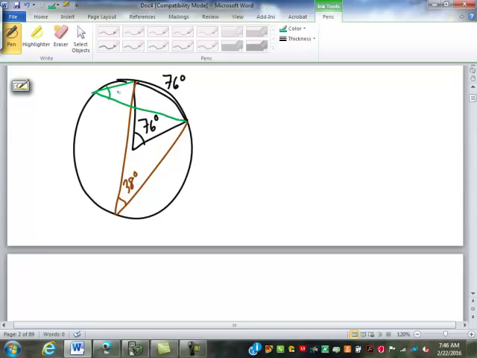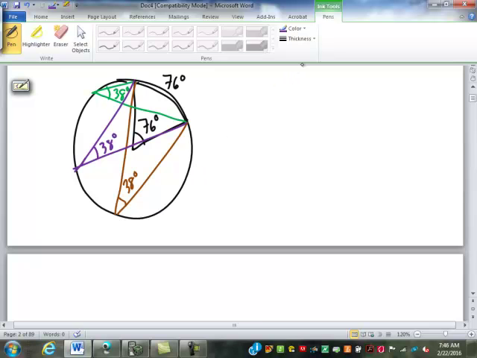What do I know about that angle? Also, it's still an inscribed angle, it's just way off to the side. It's still 38 degrees. How about this one? 38 degrees, yes. Any inscribed angle that has its endpoints on that arc is going to be 38 degrees.